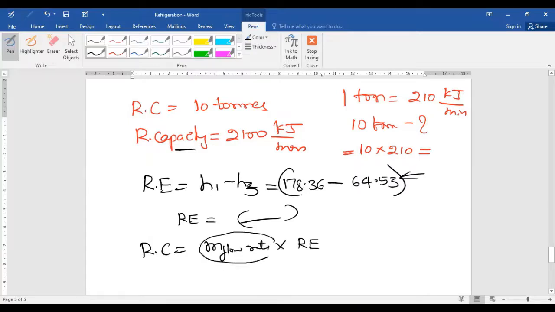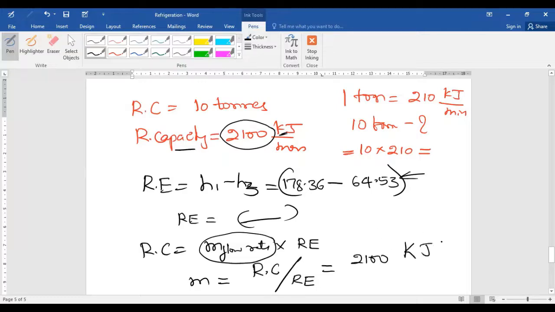I need the mass flow rate, so refrigerating capacity divided by refrigerating effect. Refrigerating capacity is 2100 kilo, let me take it in kilojoule per minute, divided by the refrigerating effect.